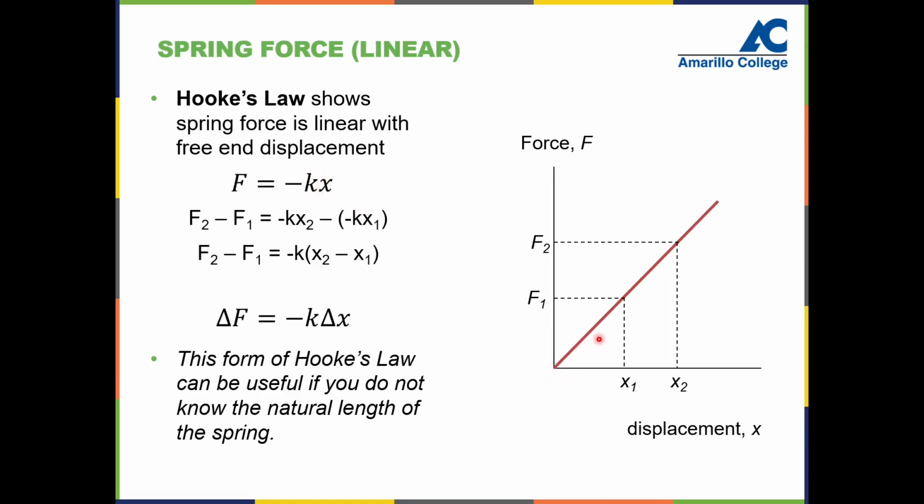And because it's linear, a lot of times we can think of it in terms of a change in force causing a change in elongation. So a change in force is going to be equal to k times a change in elongation, and this is a really helpful form of this equation when we do not know the natural length of the spring. I'm about to work a problem that shows how we can use that in a second.